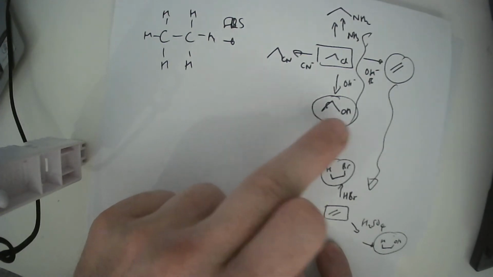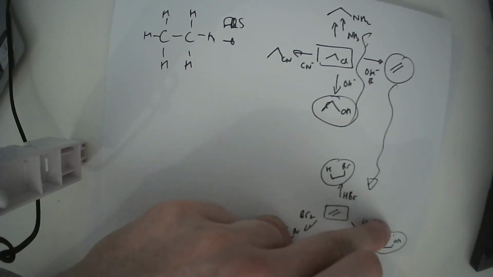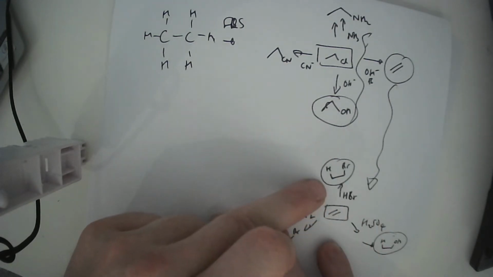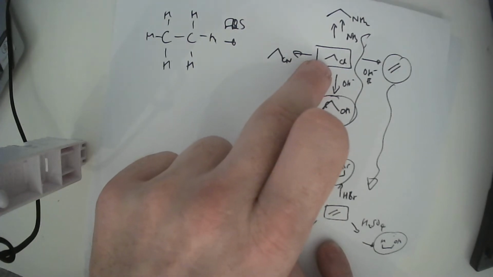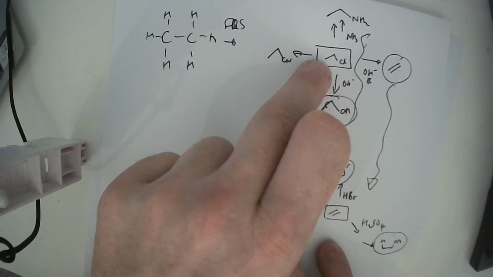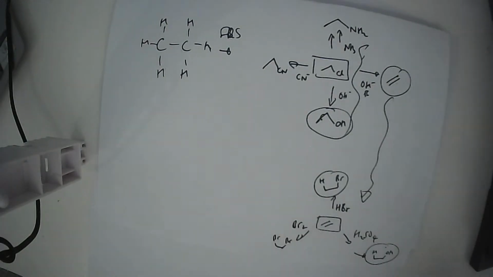Or you can take an alkene and react it with H2SO4 and then a little bit of water and you make an alcohol. And then someone will go, where do you get your alkene from? Well, you can get your alkene from a halogenoalkane that you've reacted with hot ethanolic OH-.